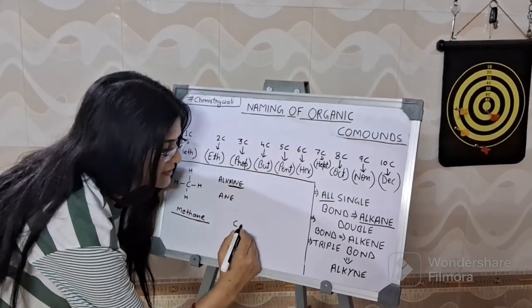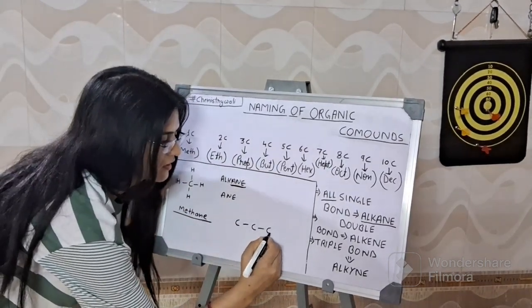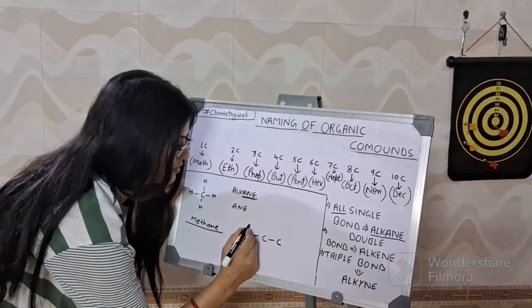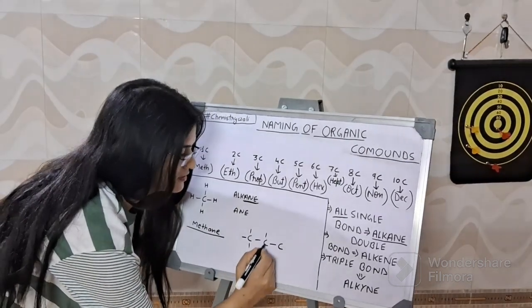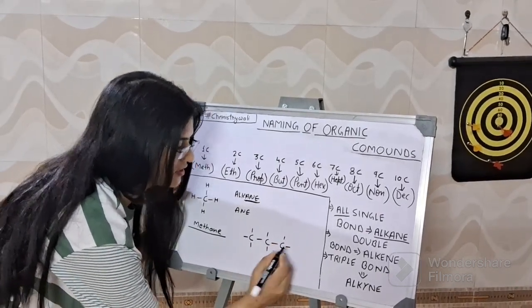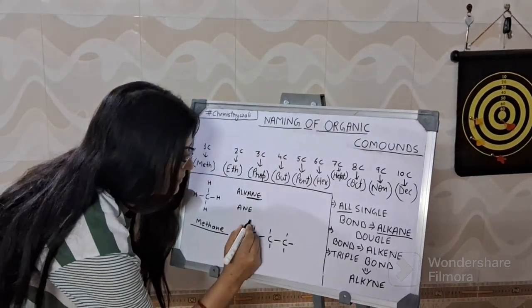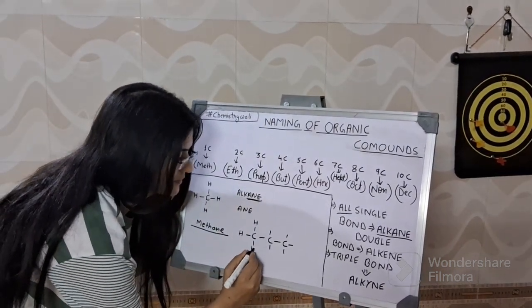Okay, let's take one more example. Suppose 3 carbons are there. All 3 carbons are having single bonds. Single bond, single bond, single bond. Now the valency of all 3 carbons will be completed with the help of hydrogen.